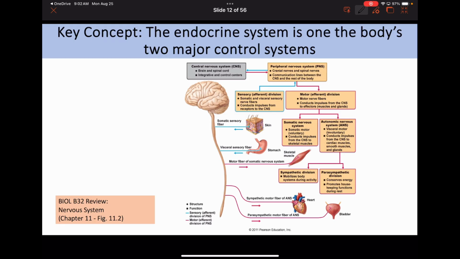Specific tissue types. So smooth muscle, yes. What's the other one? Cardiac muscle. And then what's our last effector? You learned at B32. It's going to be glands. Okay, so your autonomic effectors are smooth muscle, cardiac muscle, and glands as well.